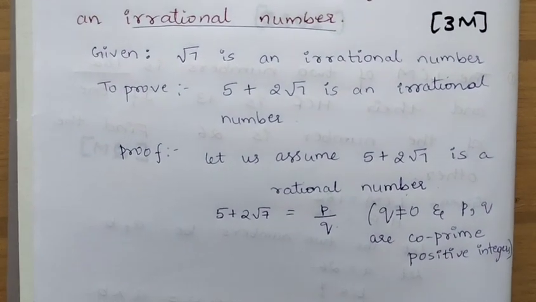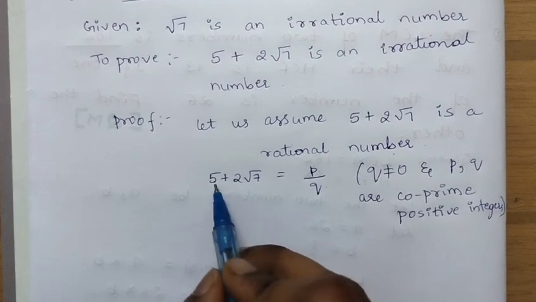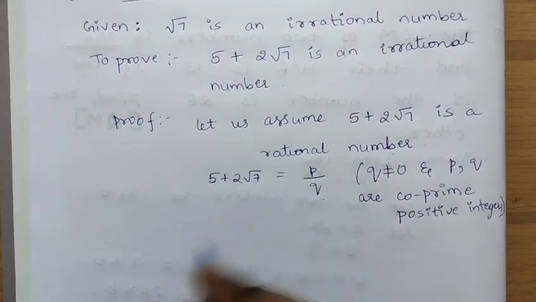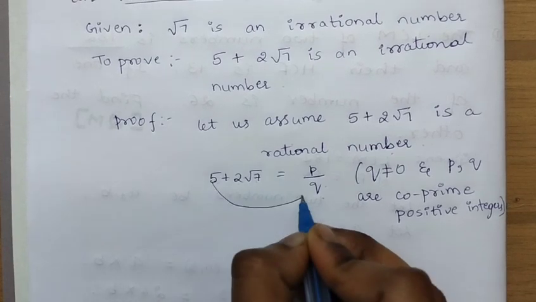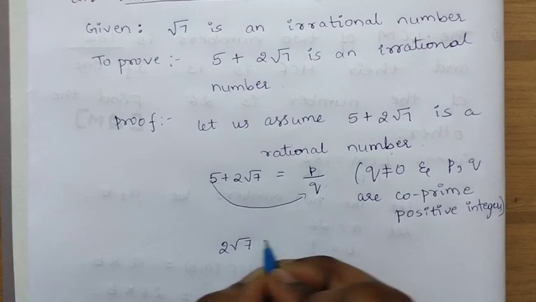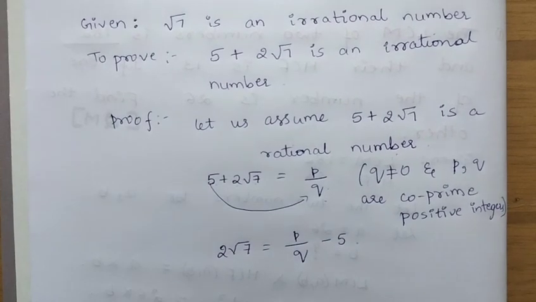Now here I have the equation 5 plus 2 root 7 is equal to P by Q. I'll transpose this 5 to the right hand side. It becomes 2 root 7 is equal to P by Q minus 5.